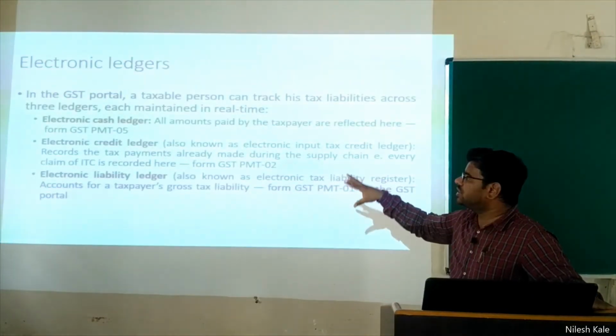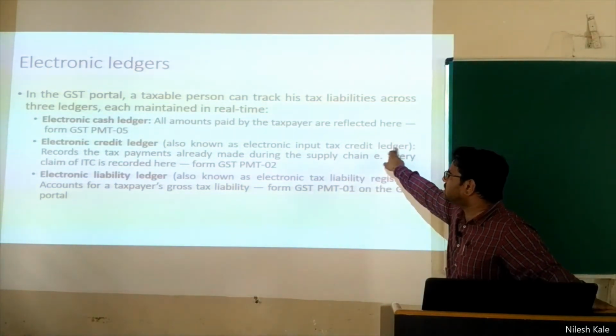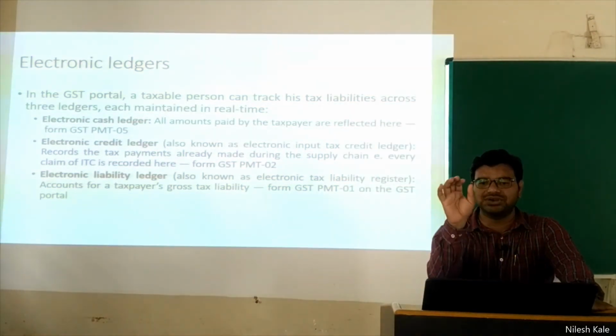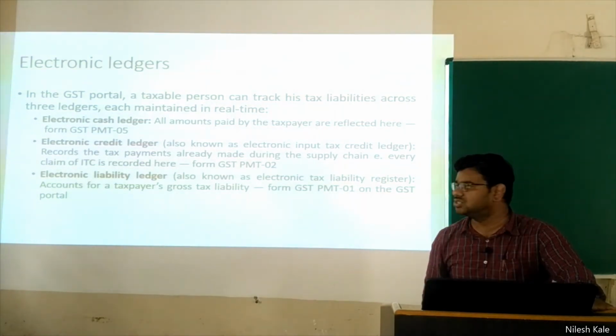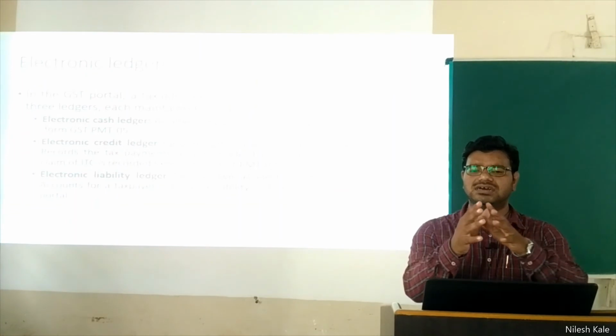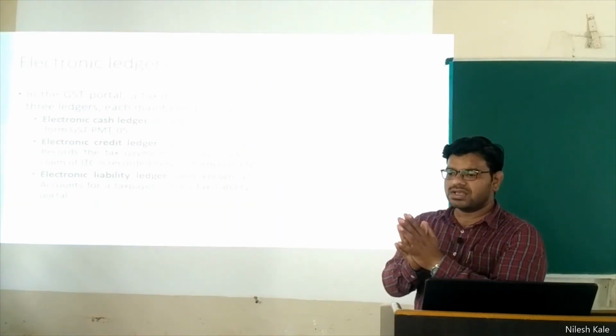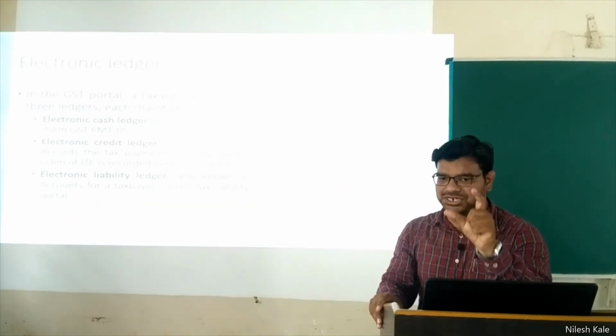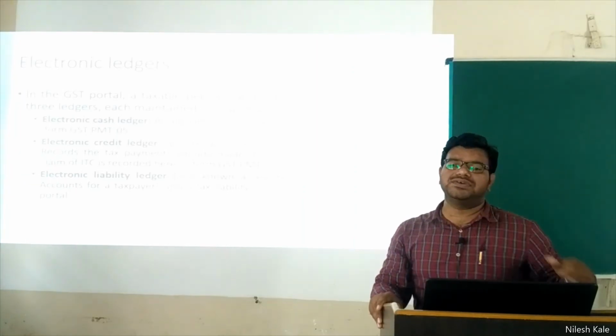And then the electronic credit ledger, also known as the electronic input tax credit ledger. Whatever input tax credit you have will be reflected in this ledger only. I will tell you an example. See, you have 50 rupees credit and you have to pay 70 rupees taxes.